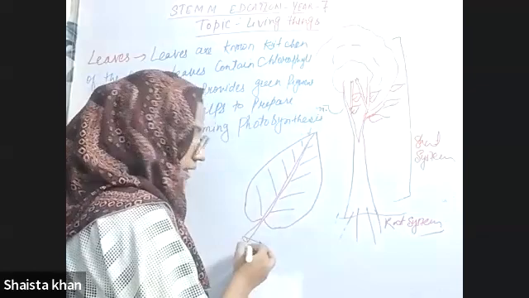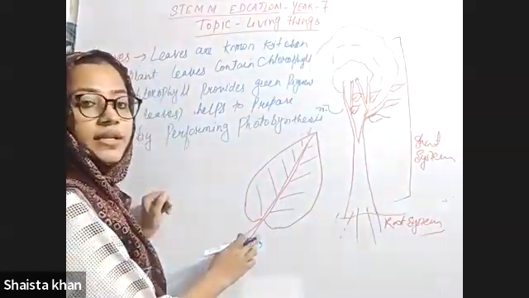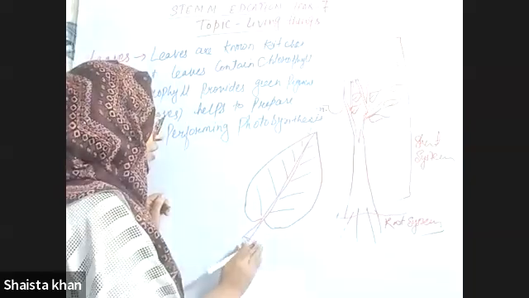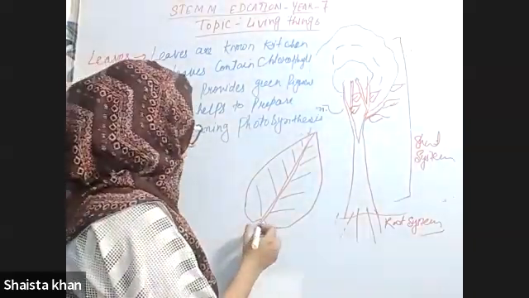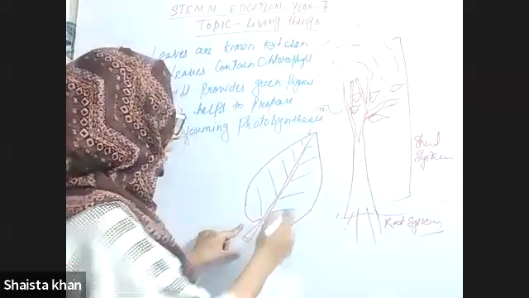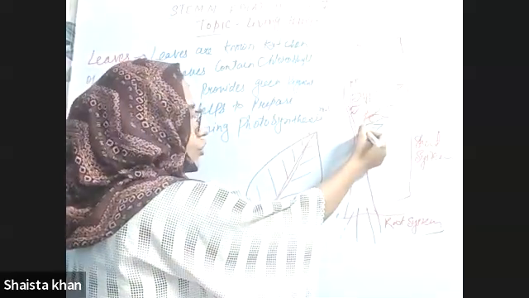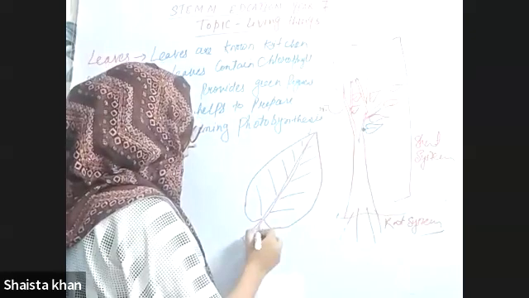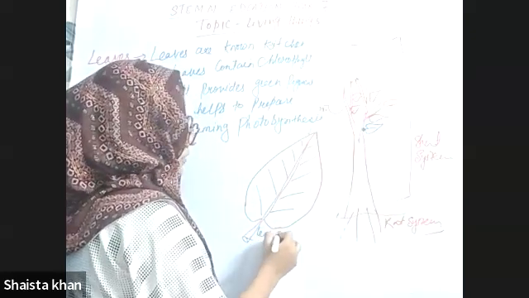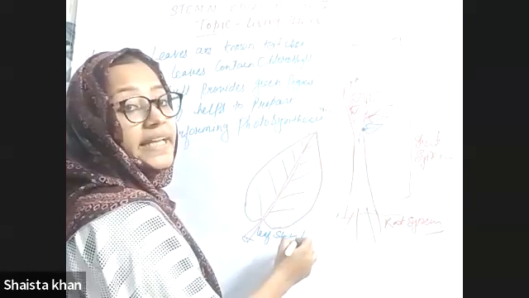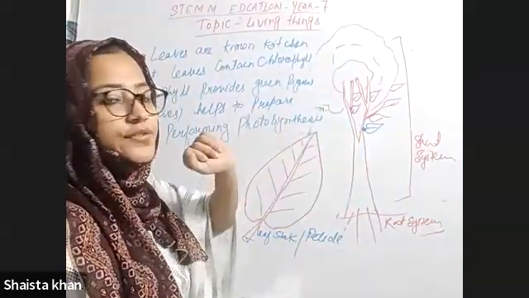This part is known as the leaf stalk, or you can call it petiole. It is the part from where a leaf is joined to the stem.